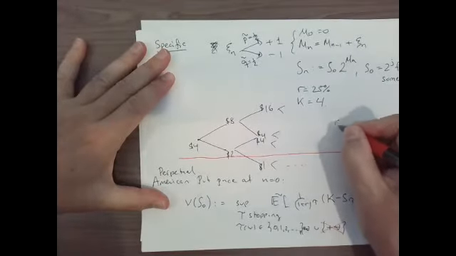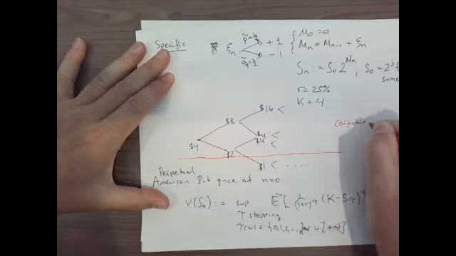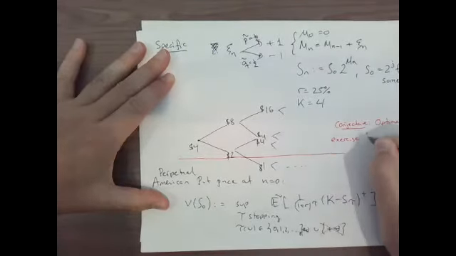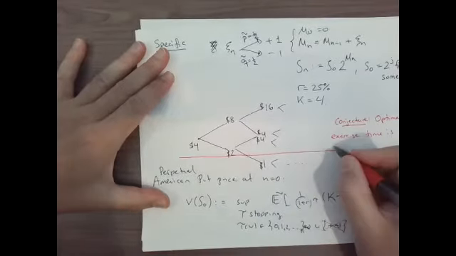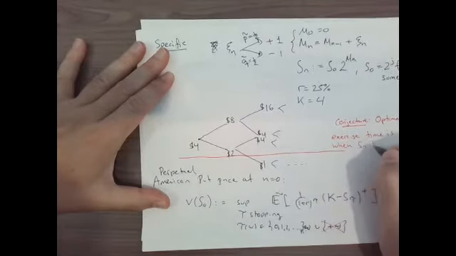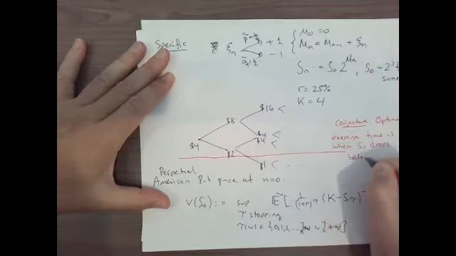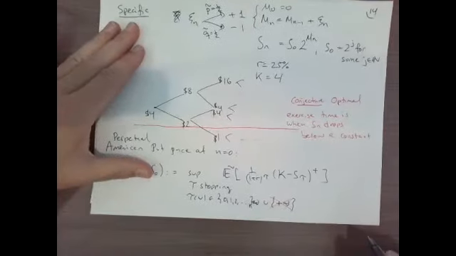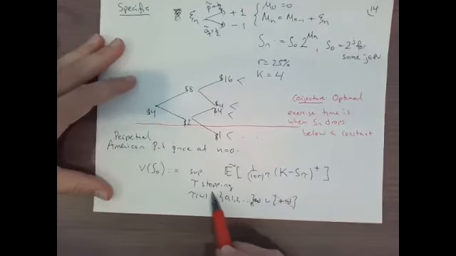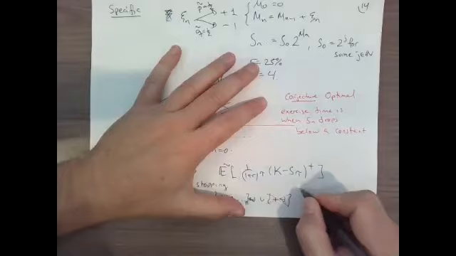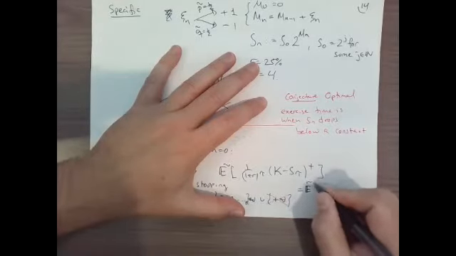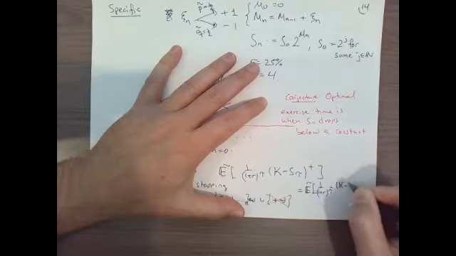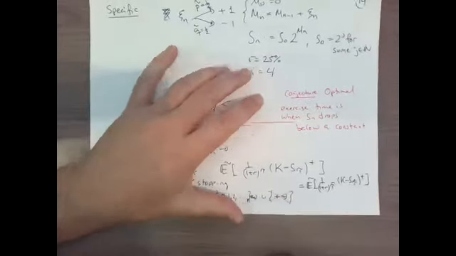So this is our conjecture. The optimal exercise time is when Sn drops below a constant. So this stopping time over here that attains the supremum is going to be equal to E tilde of 1 over 1 plus tau hat, k minus S tau hat, positive part.